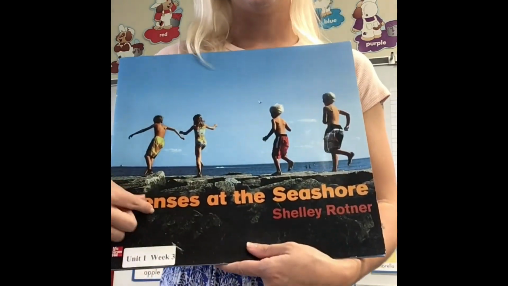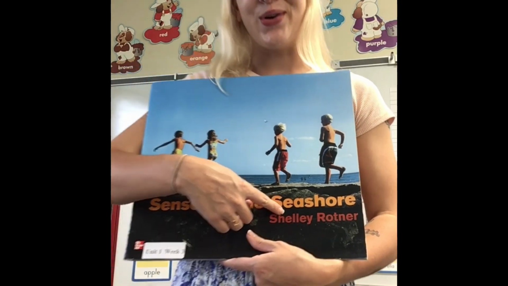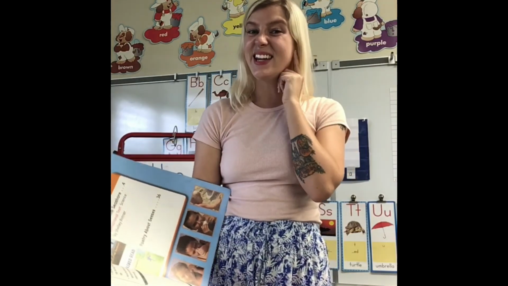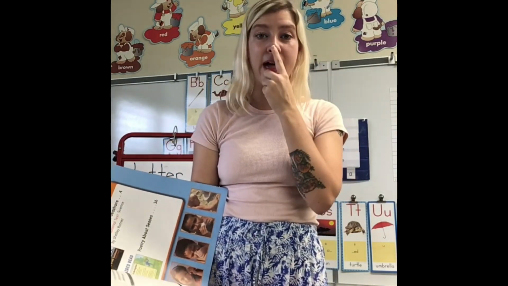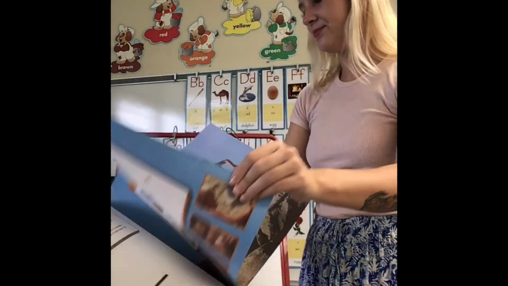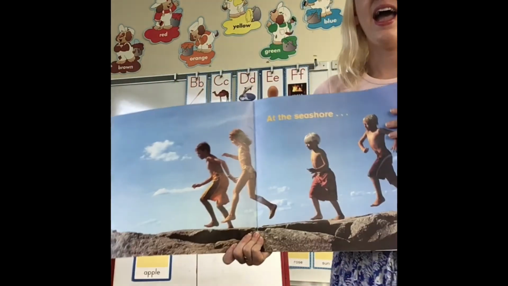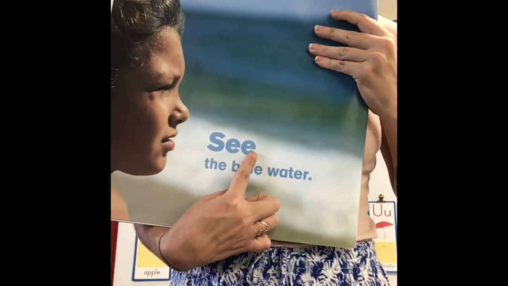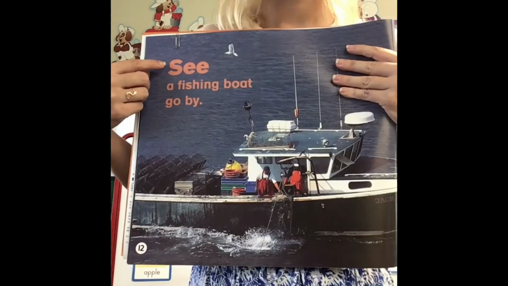I've got a really great story about the word sea. This story is called Senses at the Seashore. This is a different kind of sea. This is the ocean. This story is all about what we see, hear, taste, smell, and touch. But we're just going to talk about the things that we see. At the seashore, see the blue water.